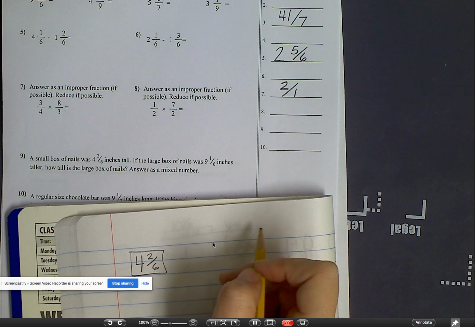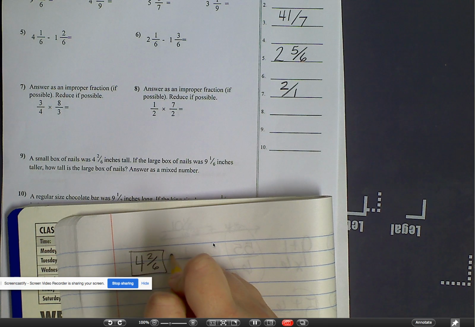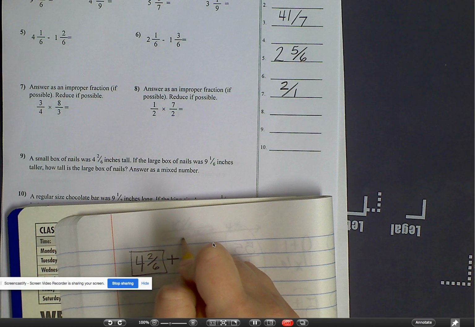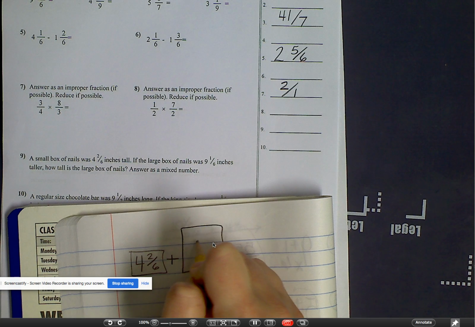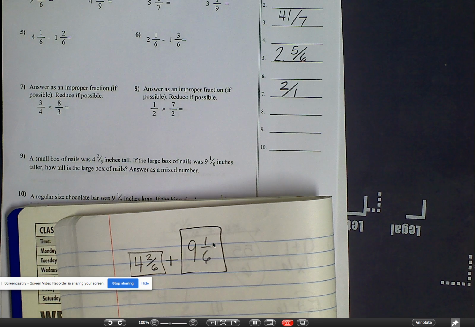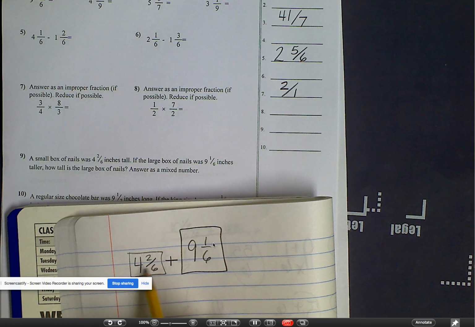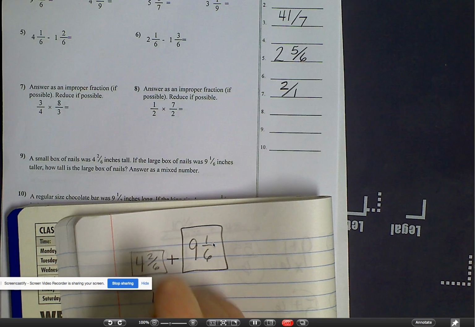If the large box of nails was 9 1/6 inches taller, so now it's going to be this plus the 9 1/6 inches, because it says if the large box of nails was 9 1/6 inches taller, how tall was the large box of nails? So it's this plus this, right? So we can figure that out.